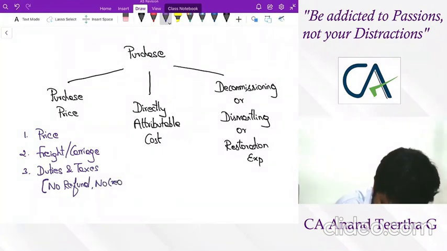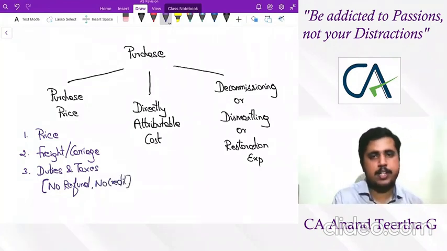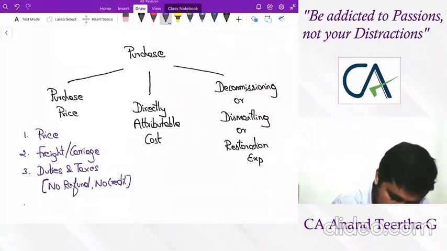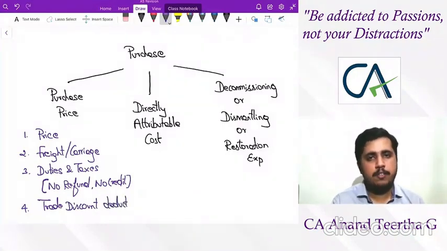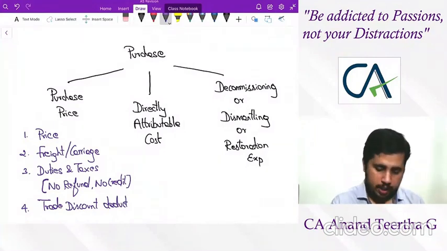We have seen this in AS2 as well. The same thing is covered here as well. Fourth, if there is any trade discount, then deduct. This is your purchase price mechanism, whereby you have to consider it accordingly.